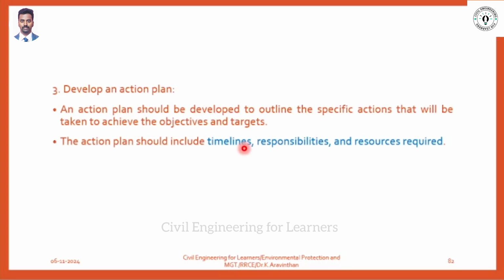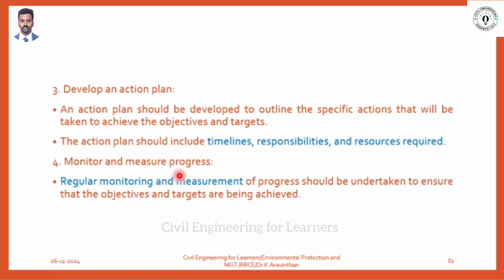When will you be purchasing, what are the responsibilities? Who will be taking care of that? Which team? There are different teams in an organization. Which team is responsible for that? Resources required. Monitor and measuring process. So setting the targets, taking an action plan, then whether it is working or not, you should monitor regularly and you should measure that.